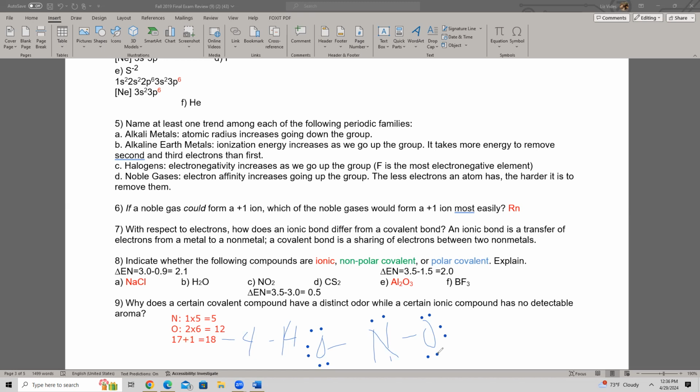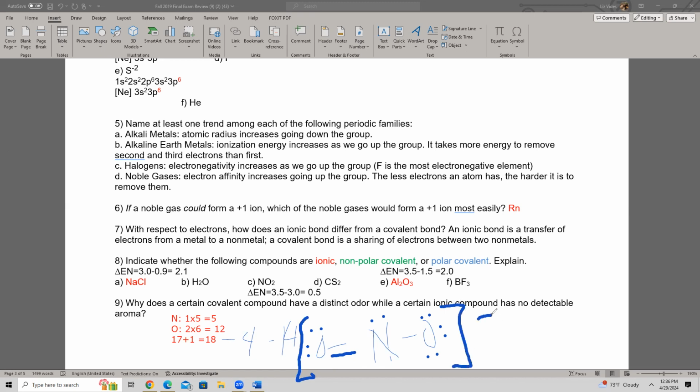But nitrogen is going, hey, I'm not an exception. I need an extra electron myself. Therefore, you move that one to the middle. And there you go. That is your NO2 negative 1. So this is actually your Lewis structure right there.